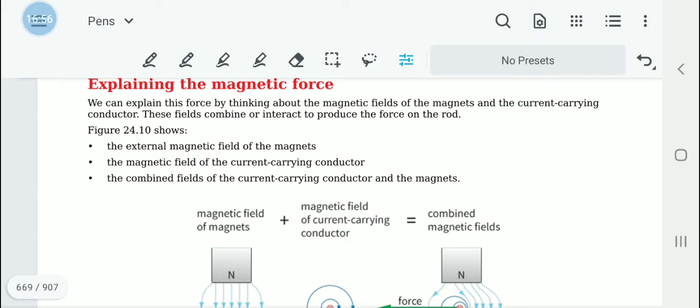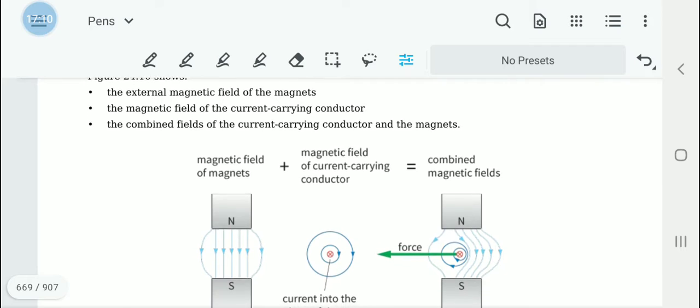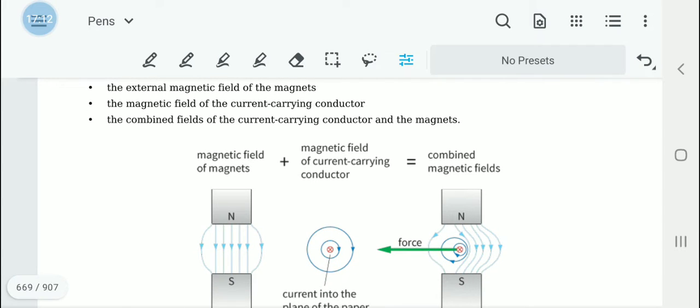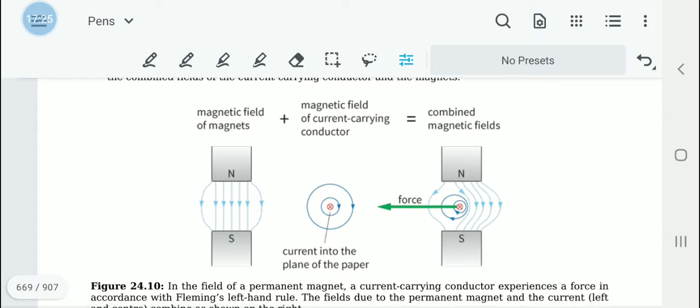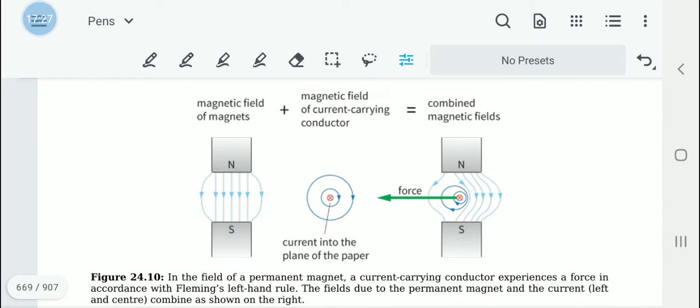So we saw in the motor rule, which we discussed earlier, that it can produce a force. So now here they have shown the external magnetic field of the magnets, then the magnetic field of the current carrying conductor, and then the combined fields to give us magnetic fields which are going to be connected.